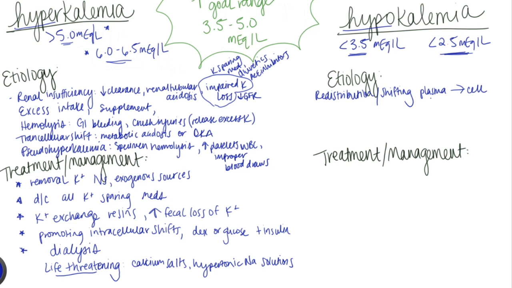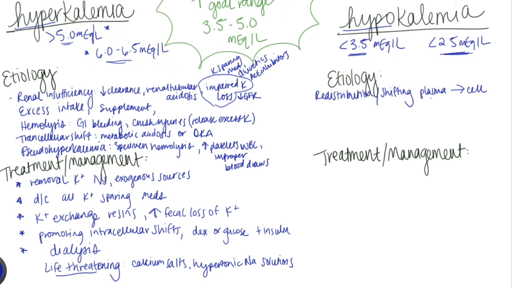So with this redistribution, we're seeing the potassium move from the plasma into the cells. And this can, of course, decrease the serum value, which is what we read. This happens with times of insulin administration, potentially in refeeding syndrome, anabolism, and alkalosis. So times in which the cell might need additional potassium, the plasma sacrifices that potassium and allows it to get taken into the cell.